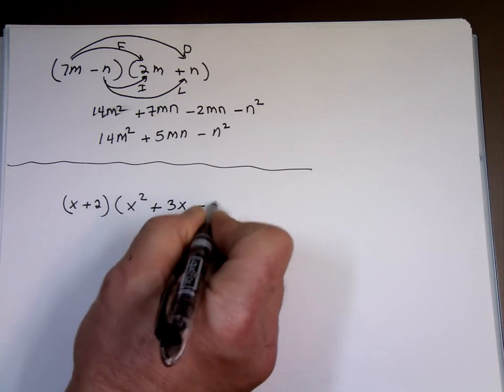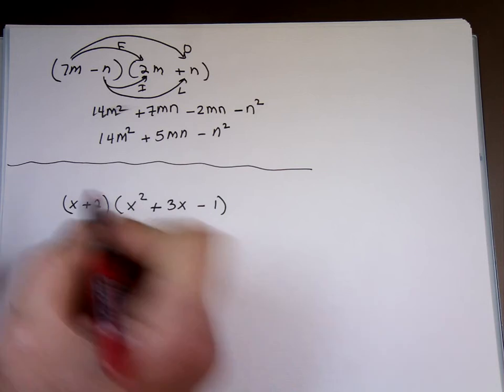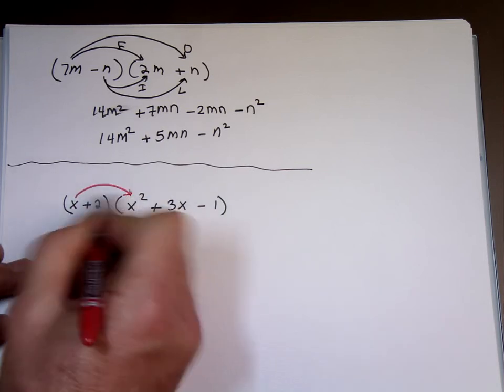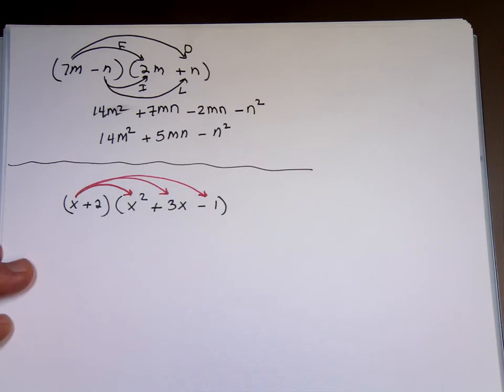It's not called the FOIL method here because you're going to have 6 pieces here. But the idea will be the same. Meaning what? You grab the x and you multiply it by every one of these first. And when you're done with that, you grab the plus 2 and multiply it by every one of these.